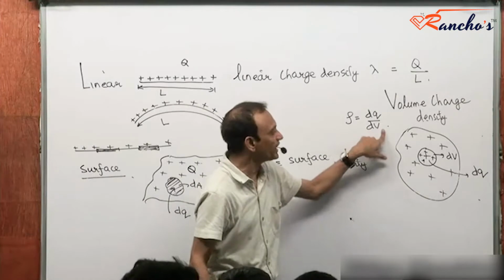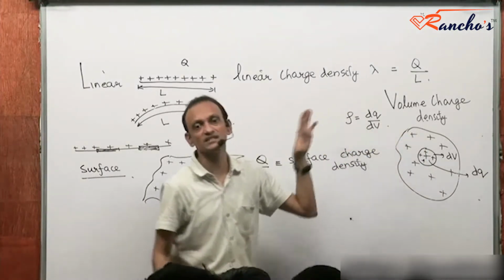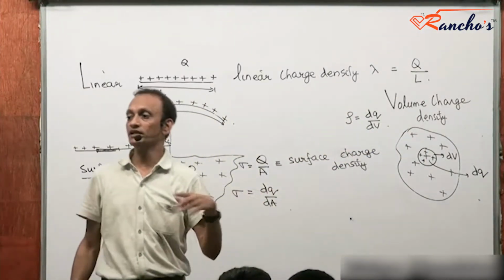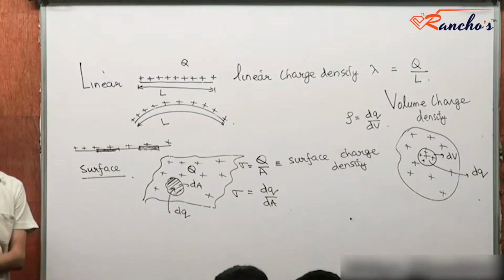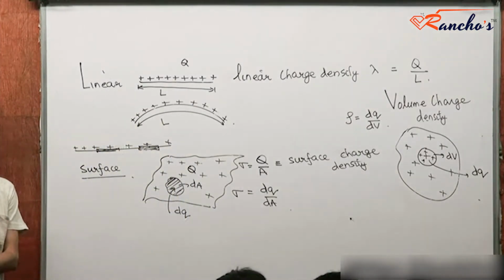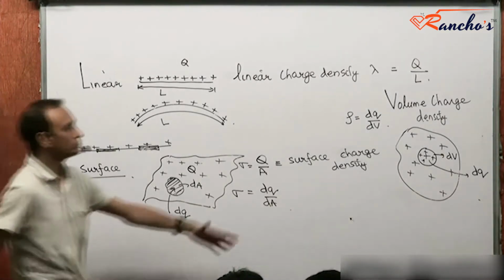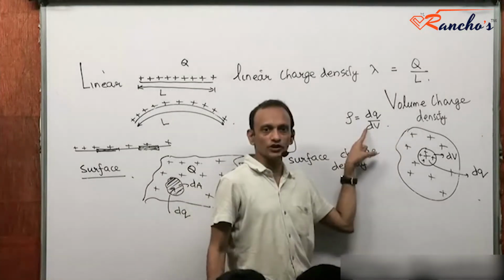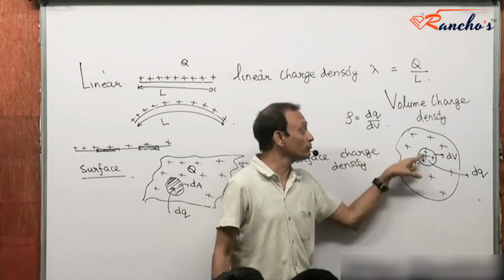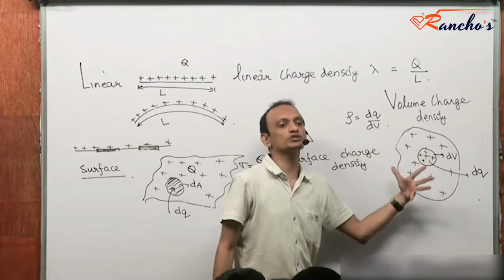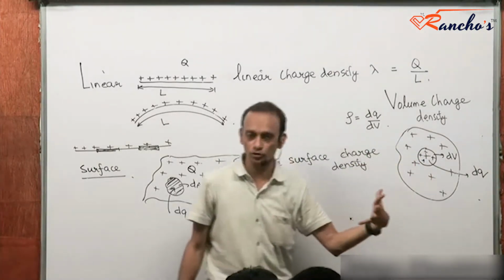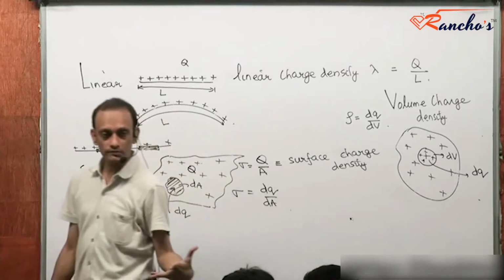No matter where I select my dV, if rho remains the same, then it's a uniform charge distribution. It's charge per unit volume, isn't it? If it does not depend on where this dV is selected, then it's uniform volume distribution of charge. You know what I'm saying?